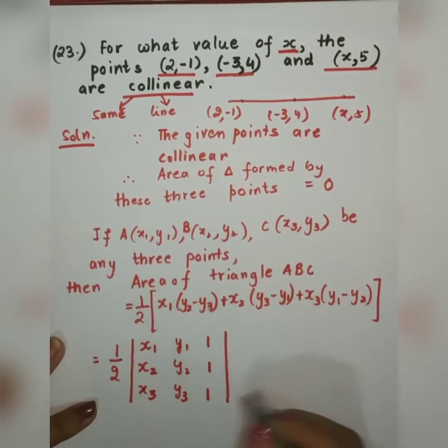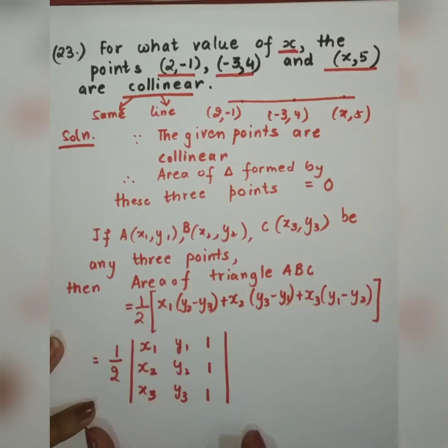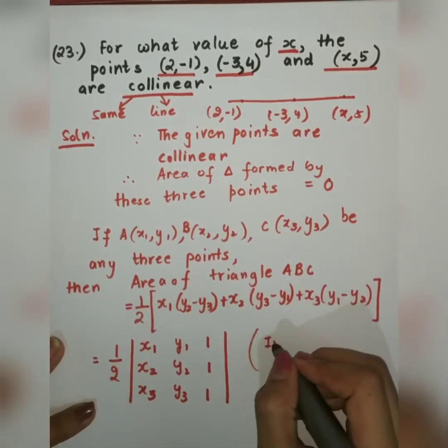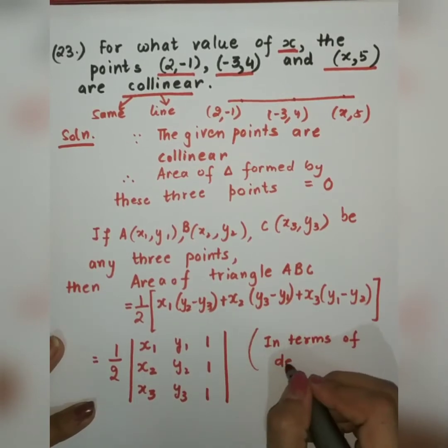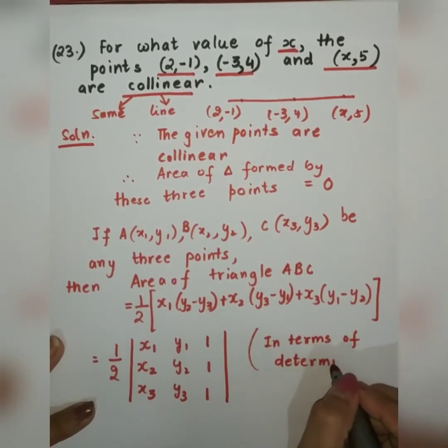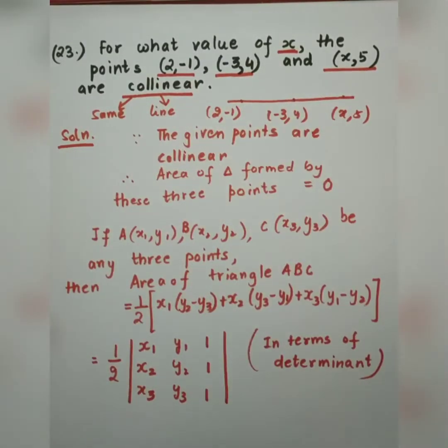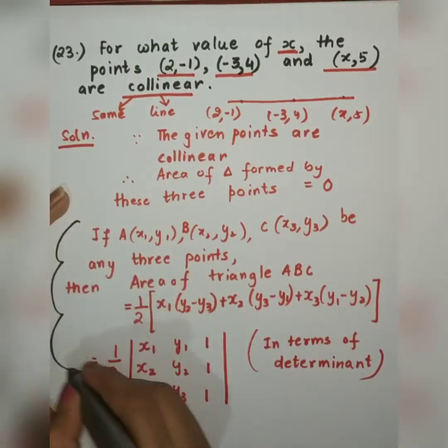So you can express this formula in terms of a determinant. Clear? So you have to remember this result in order to solve such questions. This is an important result that you have to remember.